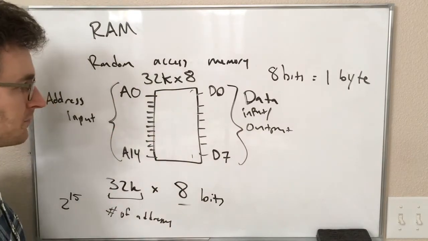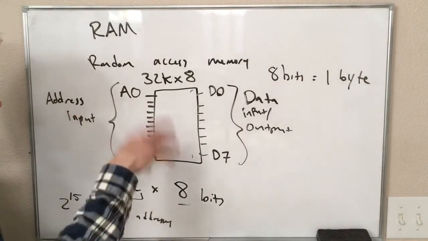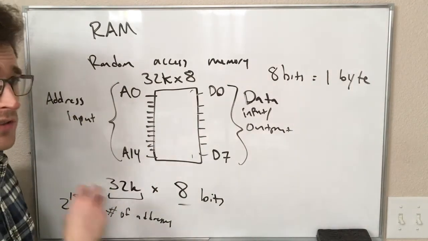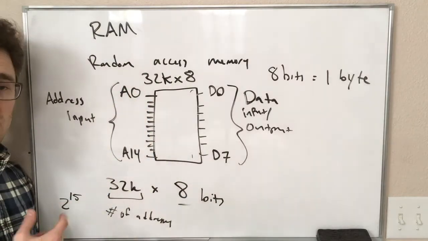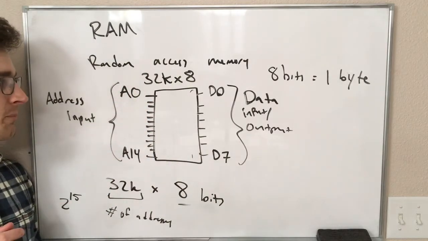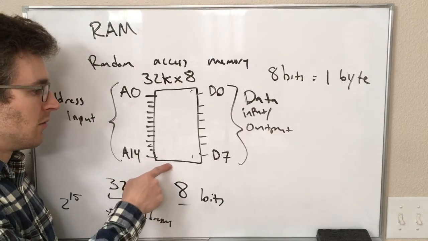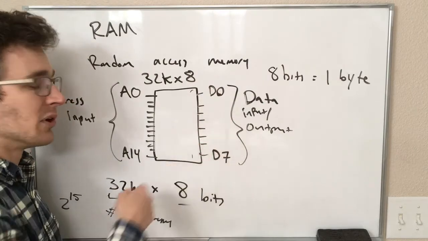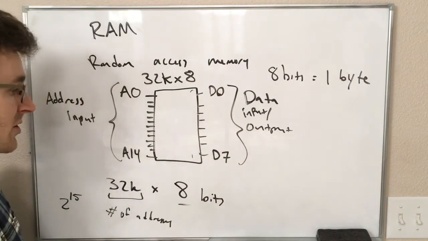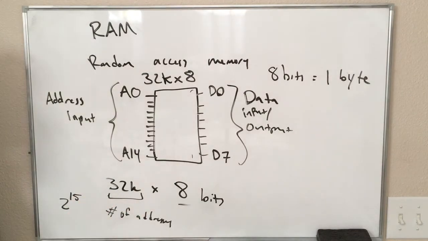More on that in a second. So then our circuit can go do other stuff. We can change the address, put some other data somewhere else, change the address, get some other data from somewhere else. And then we can put in that original address, 00000001, whatever I said. With the pin set to read, it will give us output here equal to whatever number we stored originally. And this can do that at 32,000 different places.